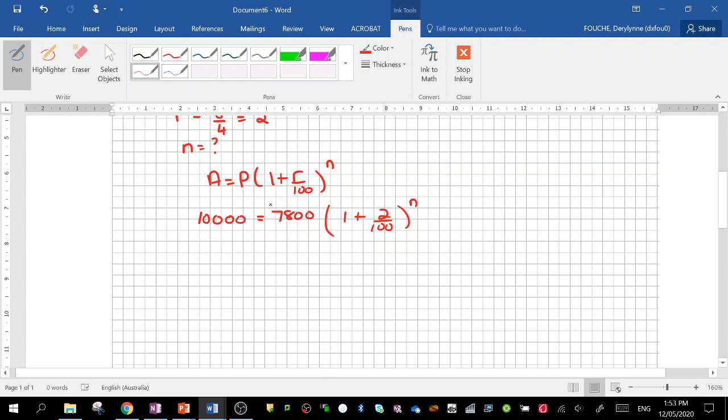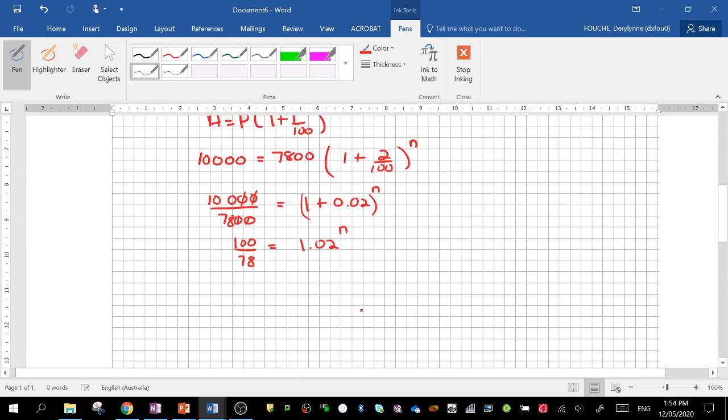And I can divide both sides by 7,800, so that I've got 10,000 over 7,800 is 1 plus 0.02 to the power of n. And I can now have 100 over 78 is going to be 1.02 to the power of n.